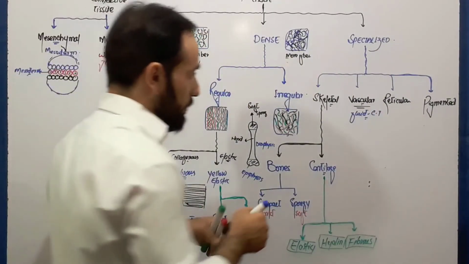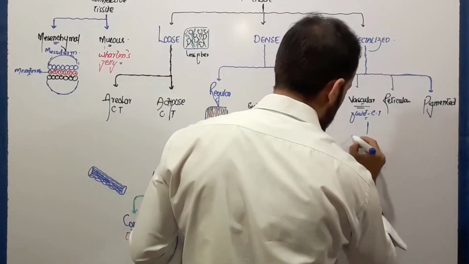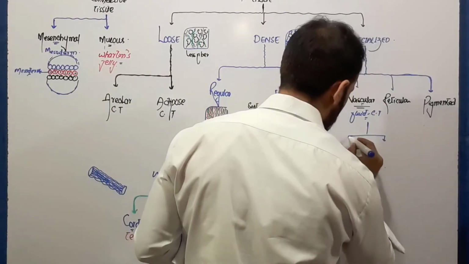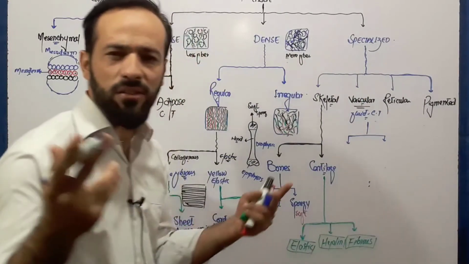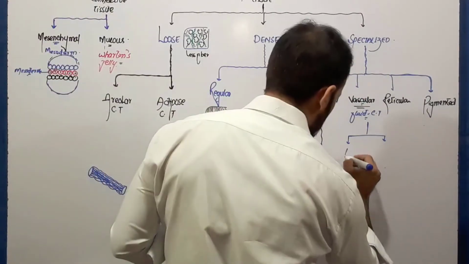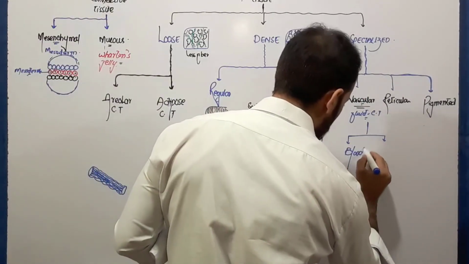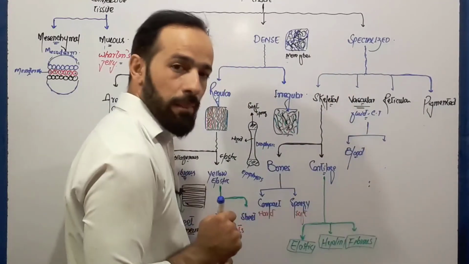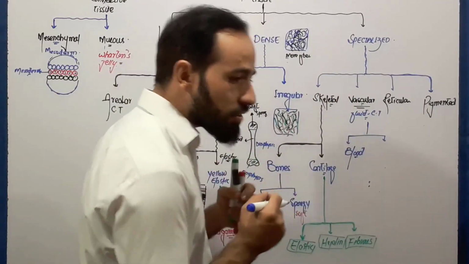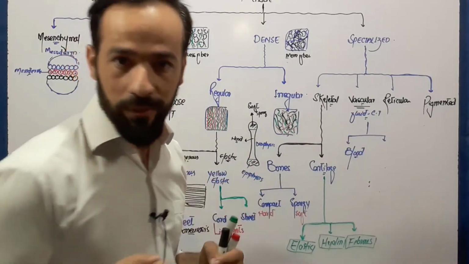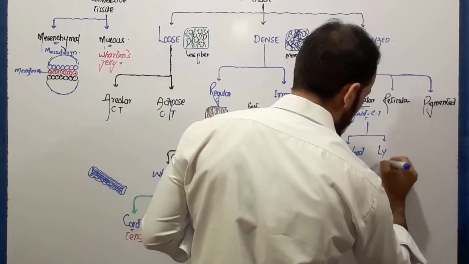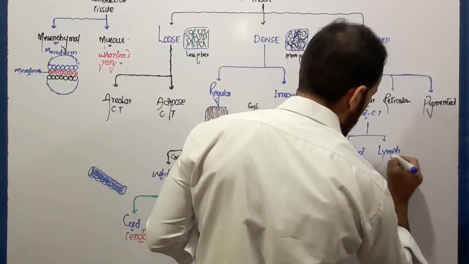Now the fluid connective tissue is divided into how many classes? Two classes. Very simply, the blood, right? In our vessels we have blood, and there are certain specialized vessels in which there are lymph fluids. So the lymph is also a connective tissue.